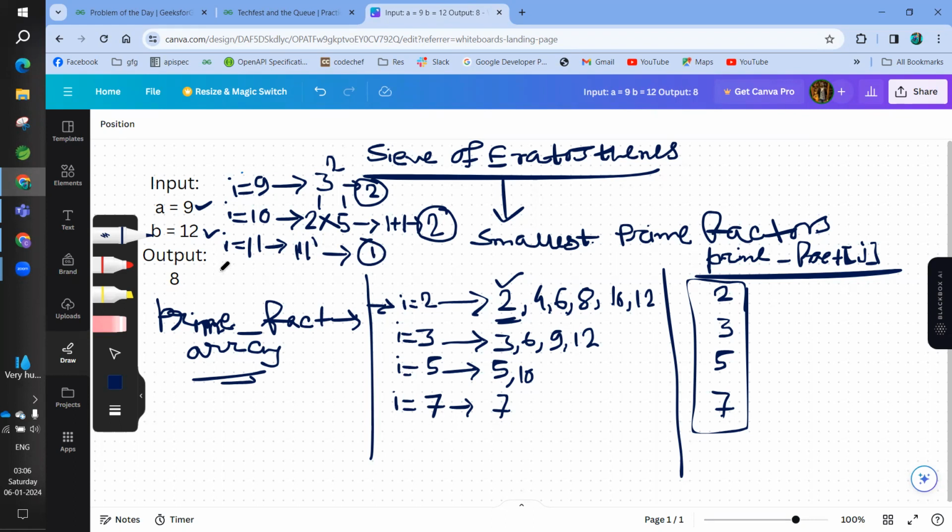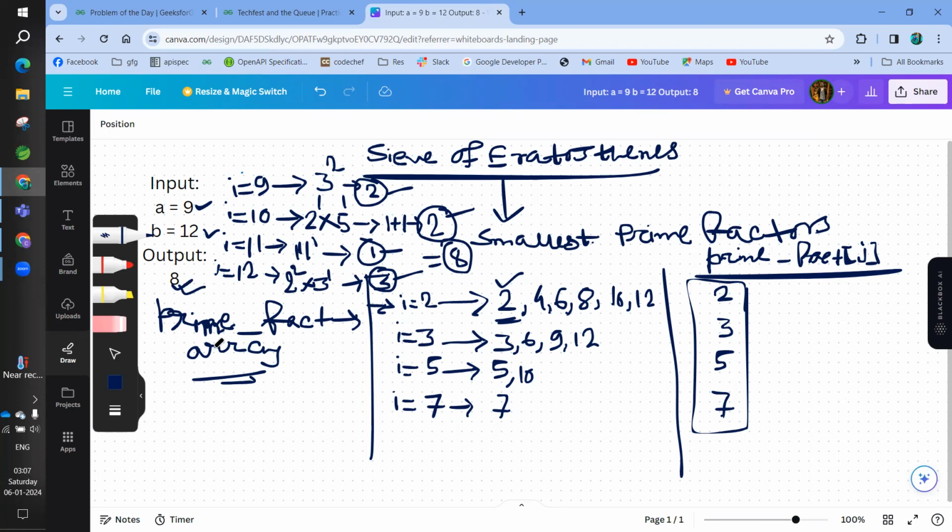Clear? When i equals 12, it becomes 2 squared into 3 to the power 1. So 2 plus 1, this is 3. We will add it to the answer. So 2 plus 2 is 4, 4 plus 1 is 5, 5 plus 3 is 8. In this way, we will get the output as 8.